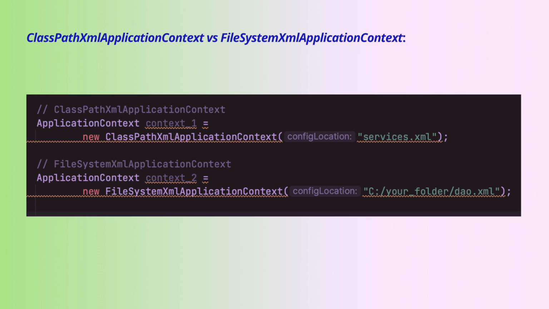Whereas with class path you are referring to floor 1. So you don't need to tell the address of floor 1 to floor 1, because you know that you are in floor 1. So my address is floor 1. But in file system, it is a different floor, it is floor 2.